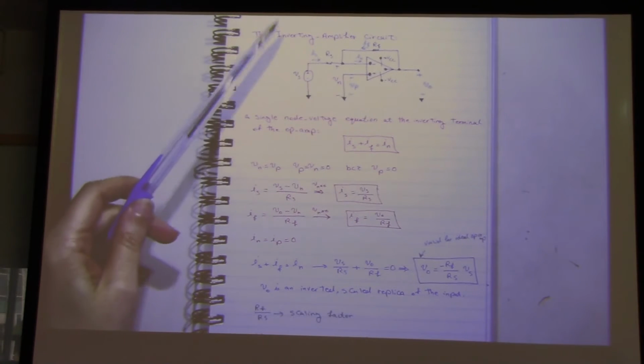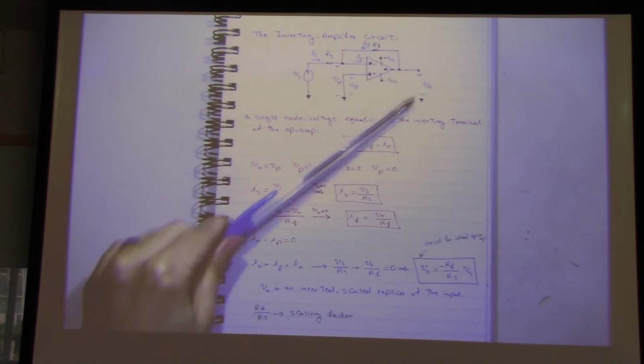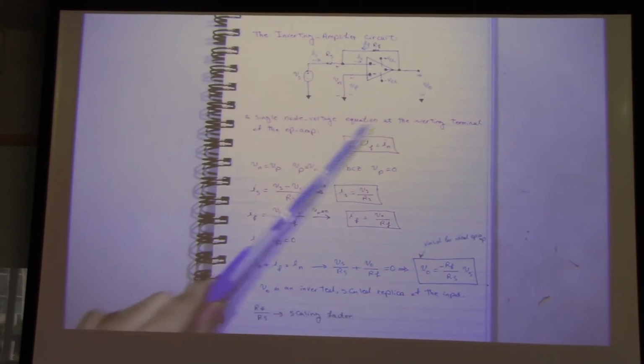So the first one is the inverting amplifier circuit. What does this mean? From the name, inverting. Yes, it inverts. Okay, this circuit is like this.